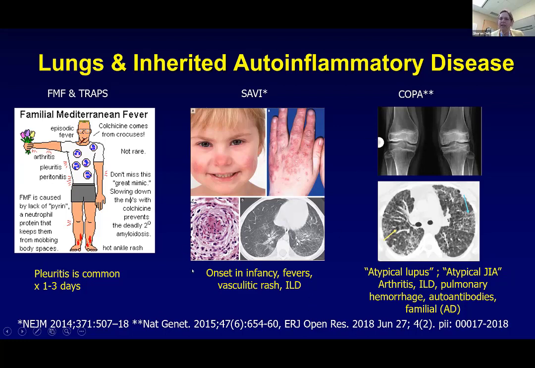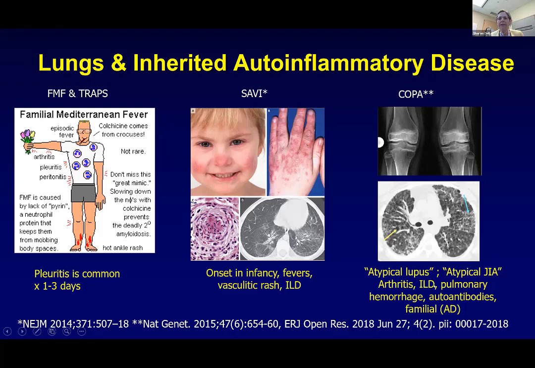But SAVI has this classic picture of infants presenting with interstitial lung disease and vasculitic rash that's often on the hands and feet and the face. And with COPA mutations, they often have a non-erosive arthritis, and they may or may not also have renal disease.